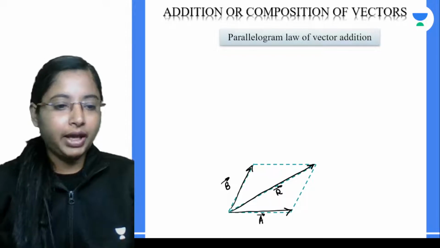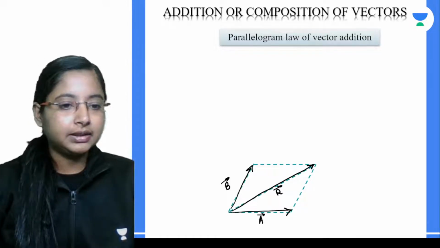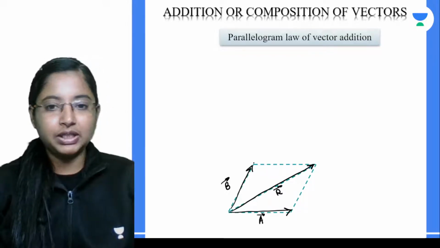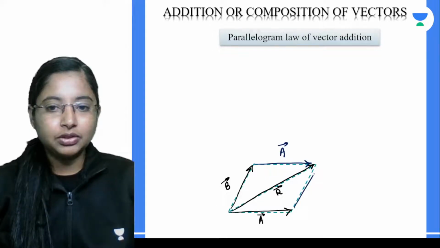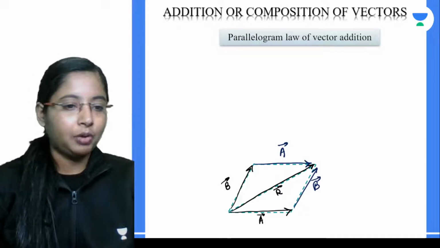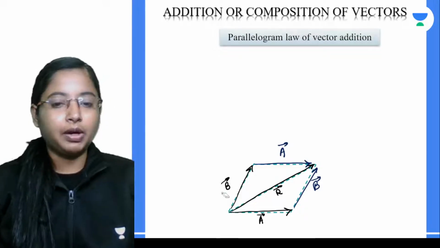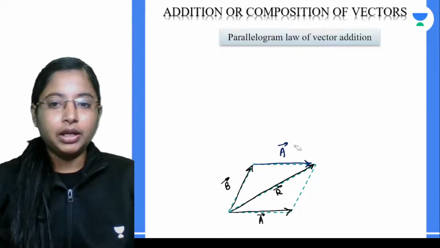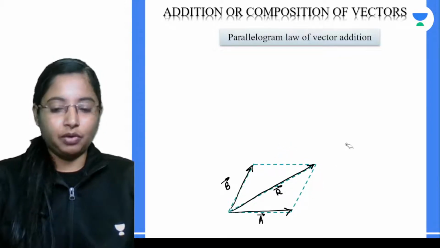If this side is A, the opposite side is also A, and this side of the parallelogram is also equal to the vector B. So this is basically the parallelogram law of vector addition.